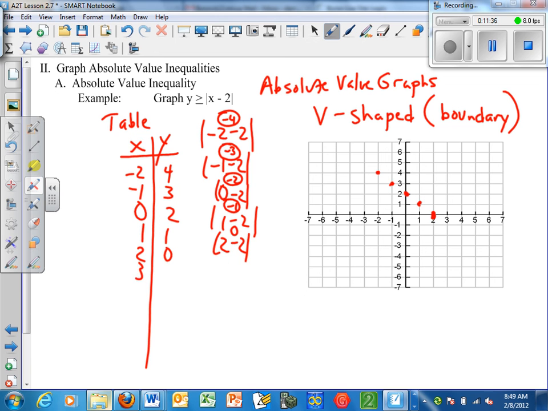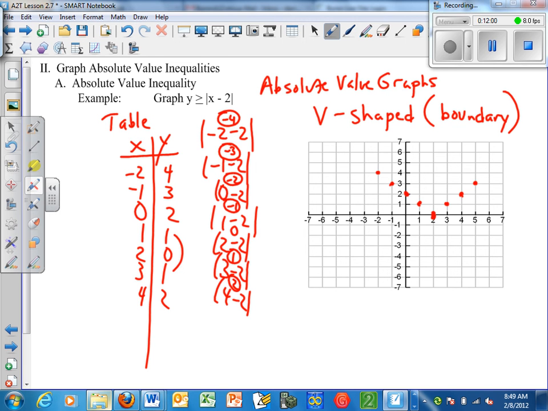Plug 3 in. 3 minus 2 inside absolute value is 1. Absolute value of 1 is 1. Right here, when you start to see those repeat values, this is where the V starts. So 3 comma 1, it starts to V back up. If you put 4 in, 4 minus 2 is 2. The absolute value of 2 is 2. So 4, 2. You can see 5 is going to be 3.